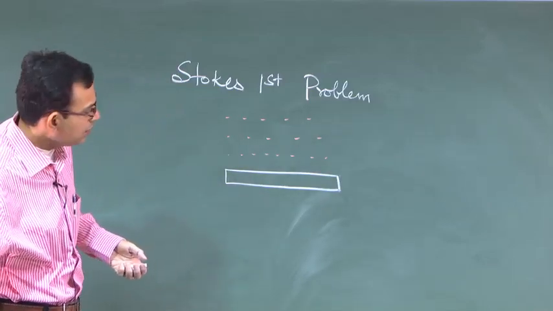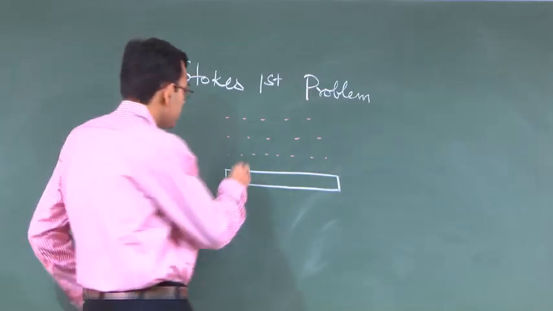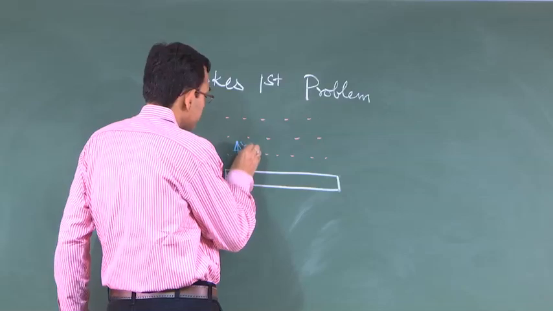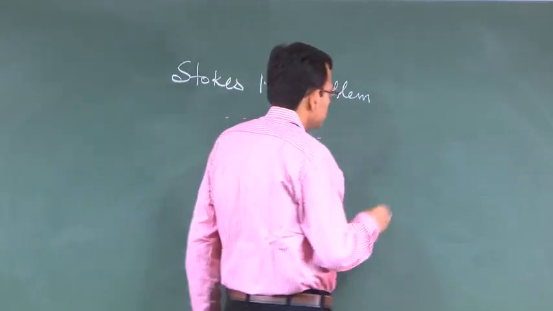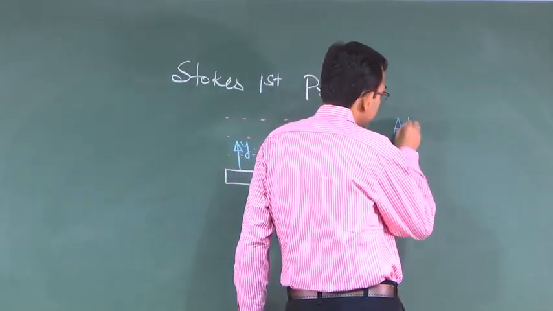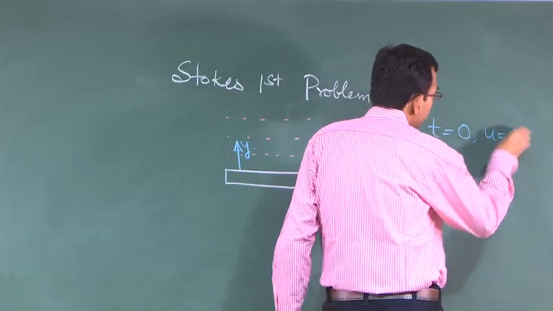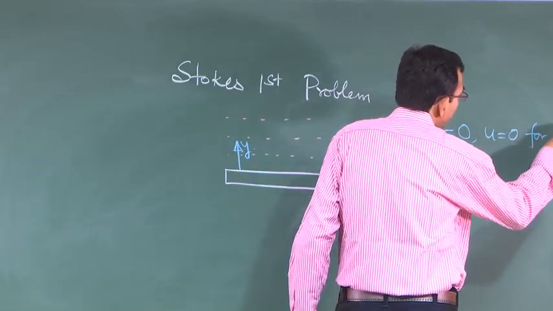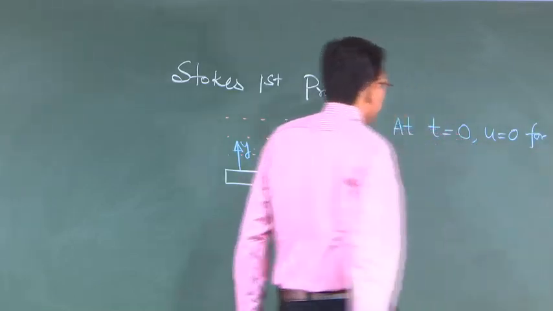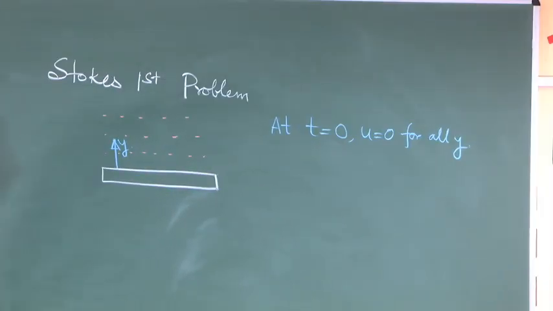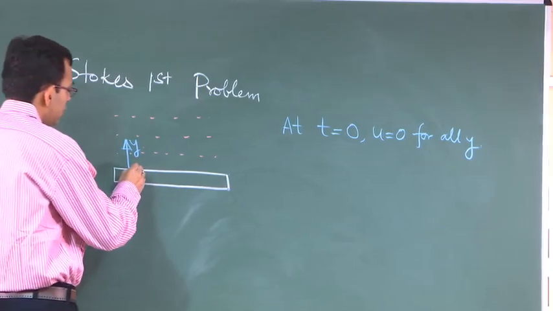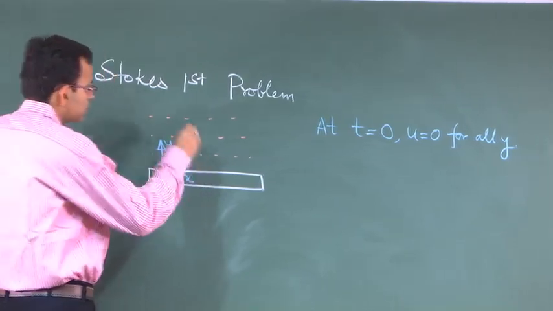So, we can say that if this is the y coordinate, then at time equal to 0, u is equal to 0 for all y, where u is the x component of velocity, this is the x axis.